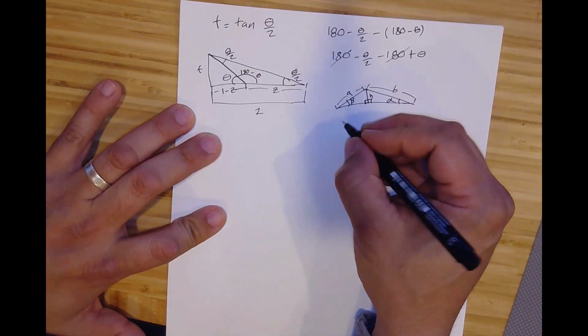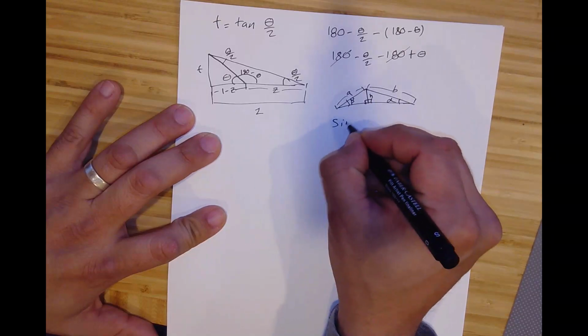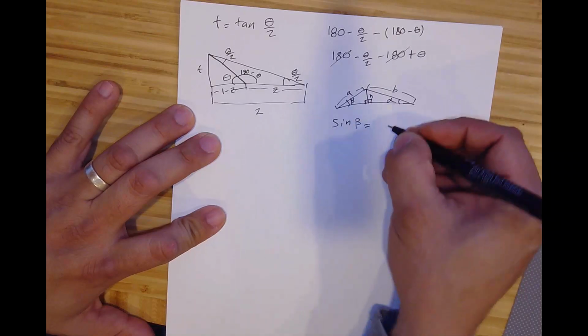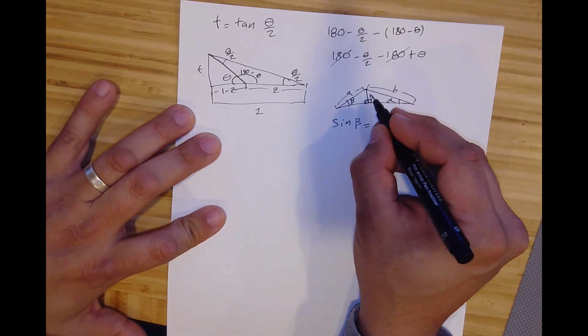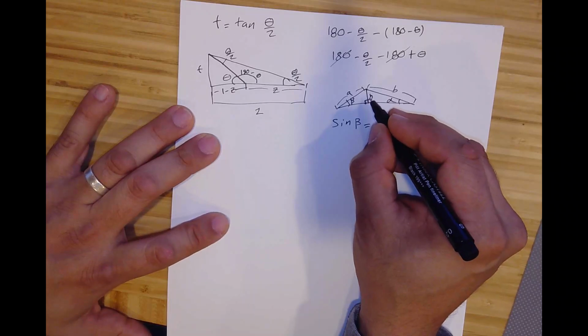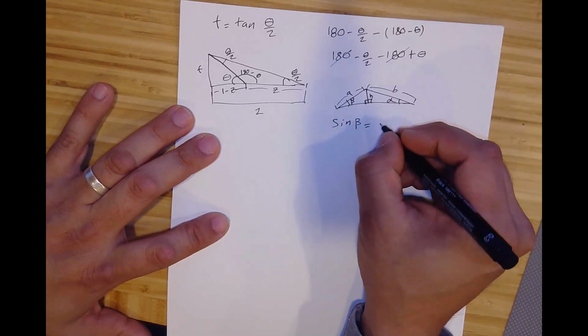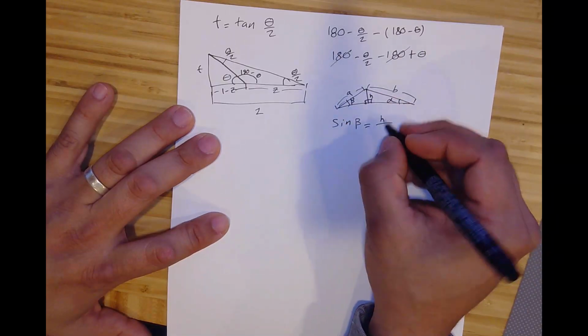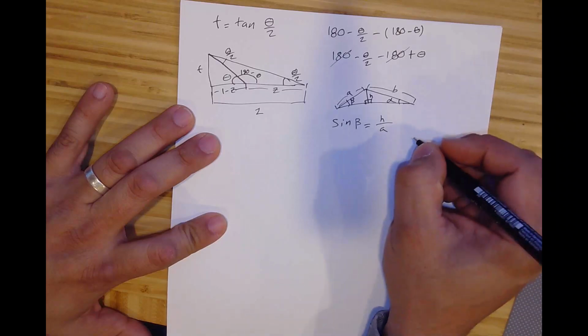And I can say that the sine of beta is equal to the opposite side, which is h, over the hypotenuse here, that is A, right?